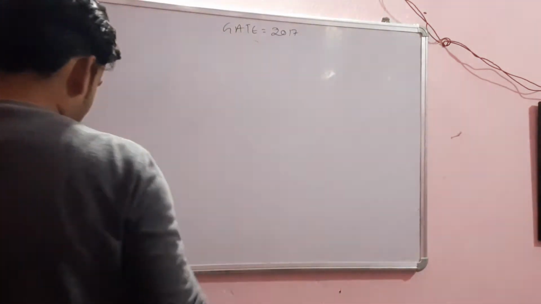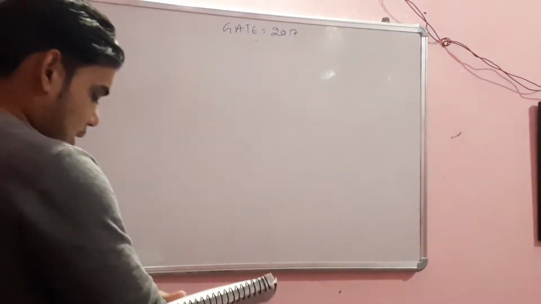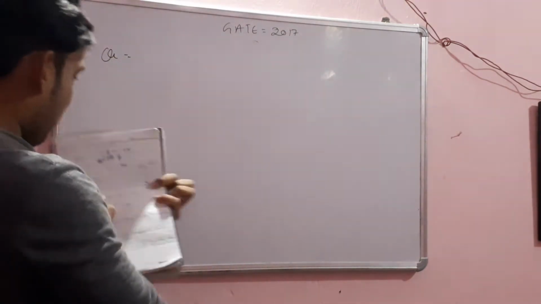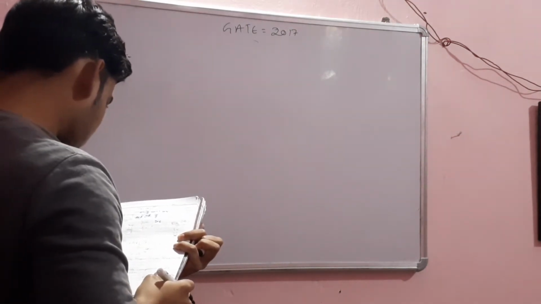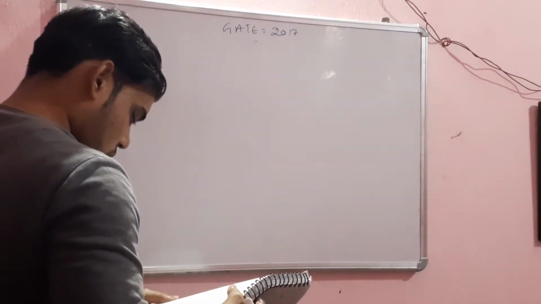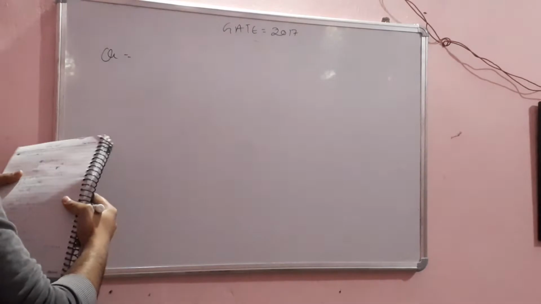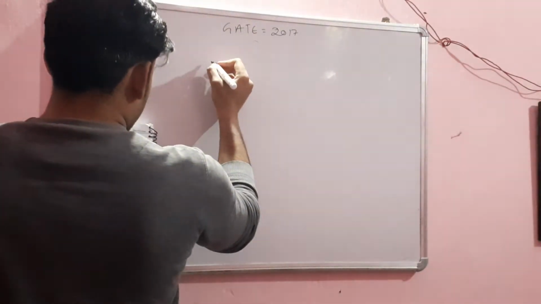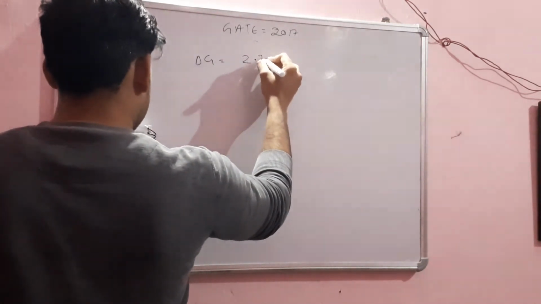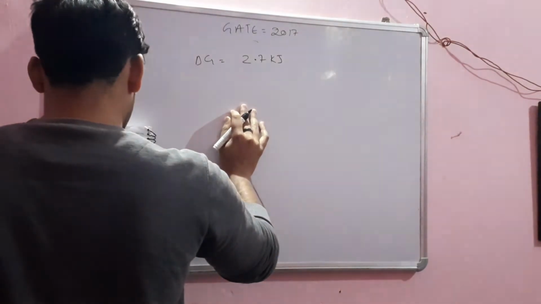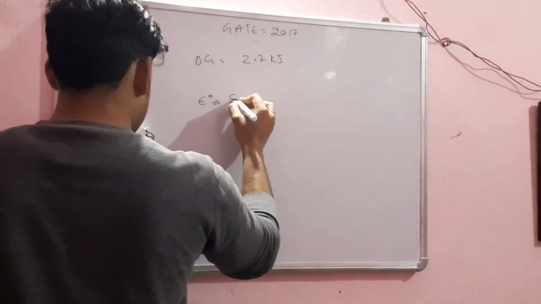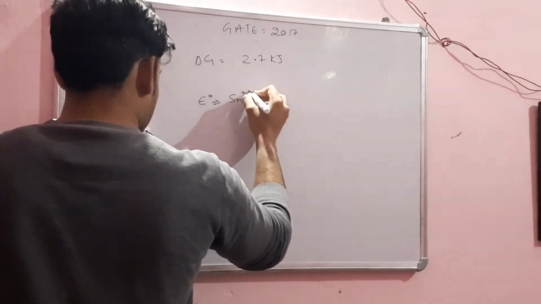What the question says is, we have been given the Gibbs free energy value equal to 2.7 kilojoule, and we have been asked the E naught value of Sn plus 2 to Sn.